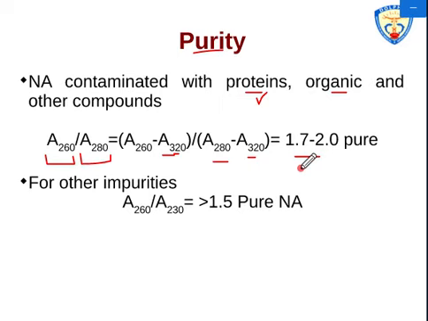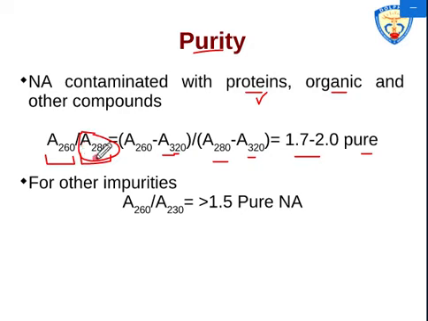If the ratio falls within this range, we state that our sample is pure. But that doesn't mean if you get 1.6 it is impure; you will say that it is an almost pure sample, but pure when you get it between 1.7 and 2. Now as the protein contamination in the sample increases, the absorption value at 280 nanometers will also increase.